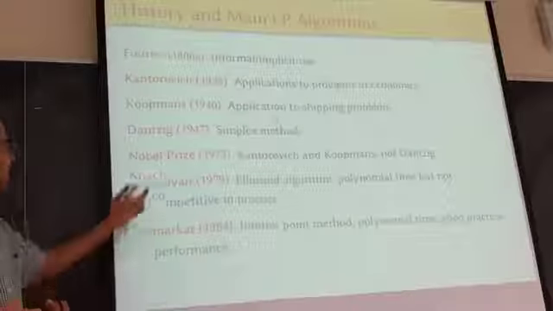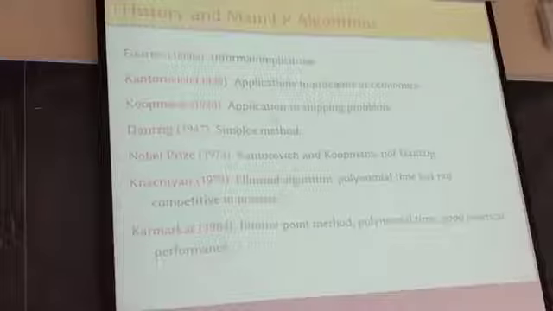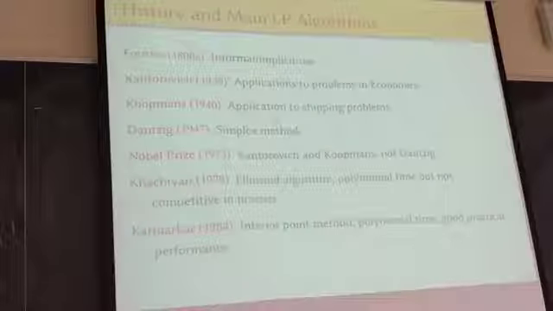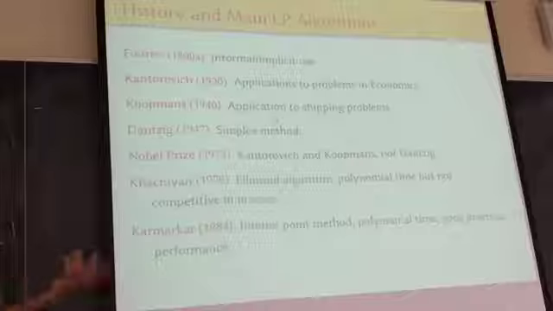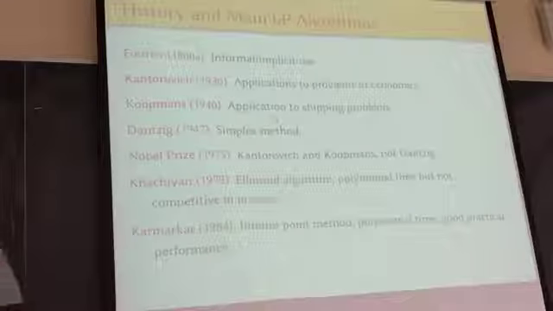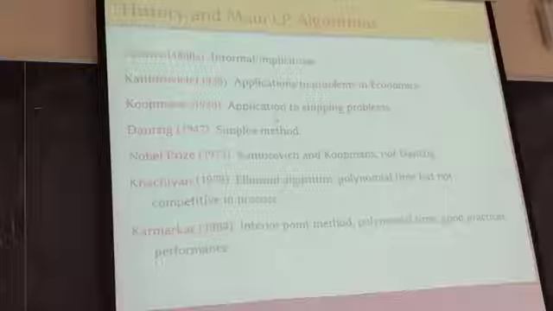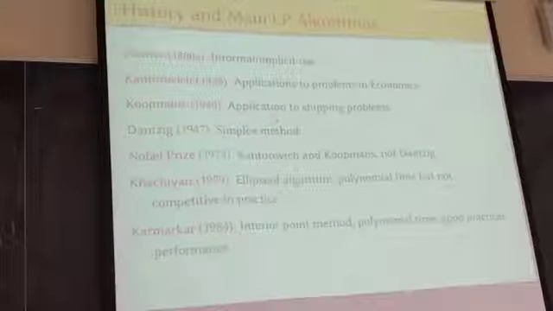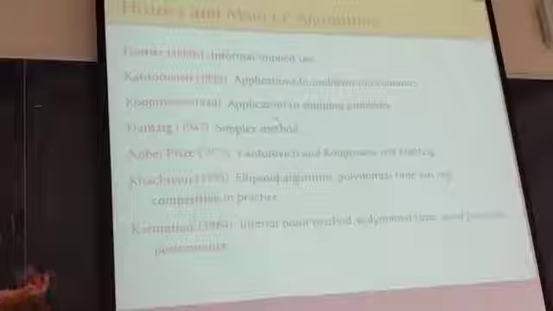In 1975, the Nobel Prize was given for this linear programming discovery, except that the person who discovered the algorithm is not the person who gets the Nobel Prize, right? Because obviously it's a Nobel Prize for economics. There's no Nobel Prize for computer science or mathematics, so you need to be an economist. People who apply some algorithm to economic problems will be the ones that get the Nobel Prize.